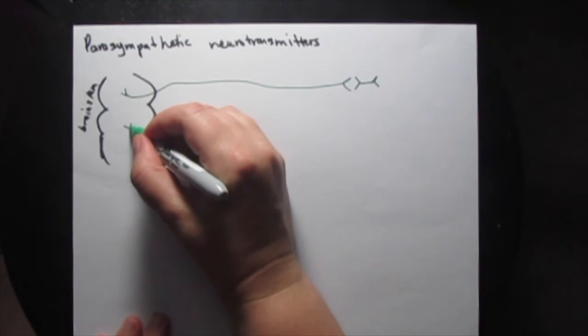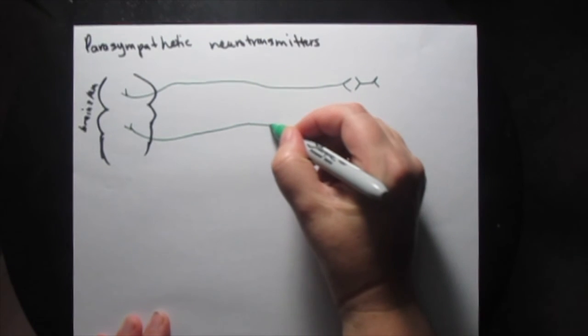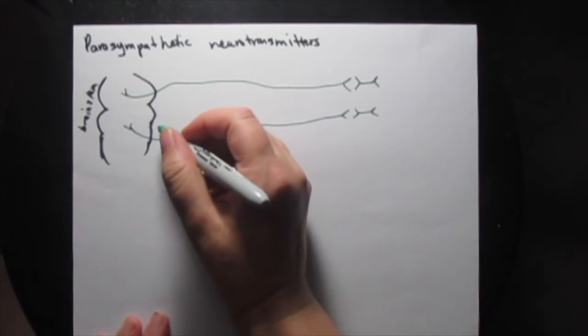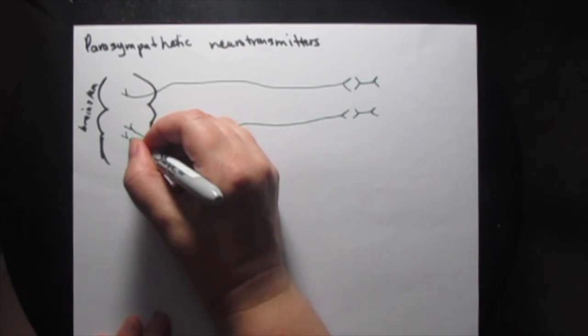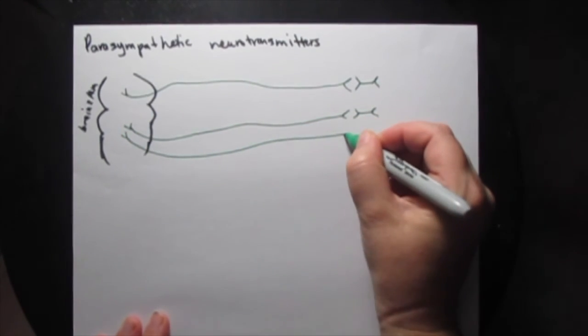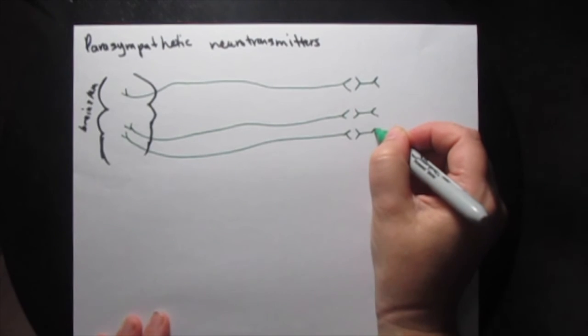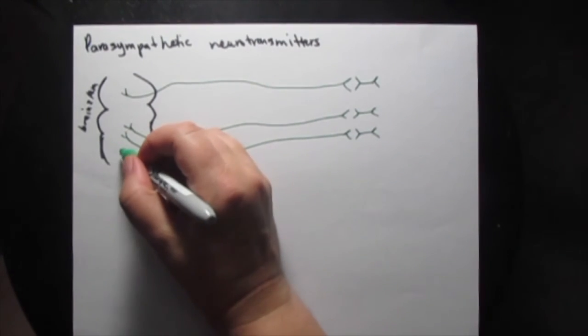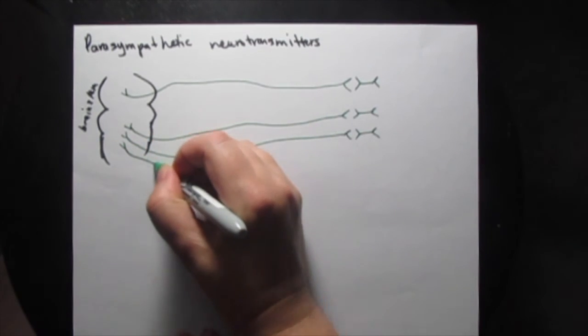And the other three outputs I'm going to draw in here, representative neurons leaving the medulla oblongata. Remember that the pons has some role in processing autonomic nervous system, as does the hypothalamus, by the way, which is pretty much in charge. But we don't draw them because we are only interested in the actual specific outputs directly from the brain.